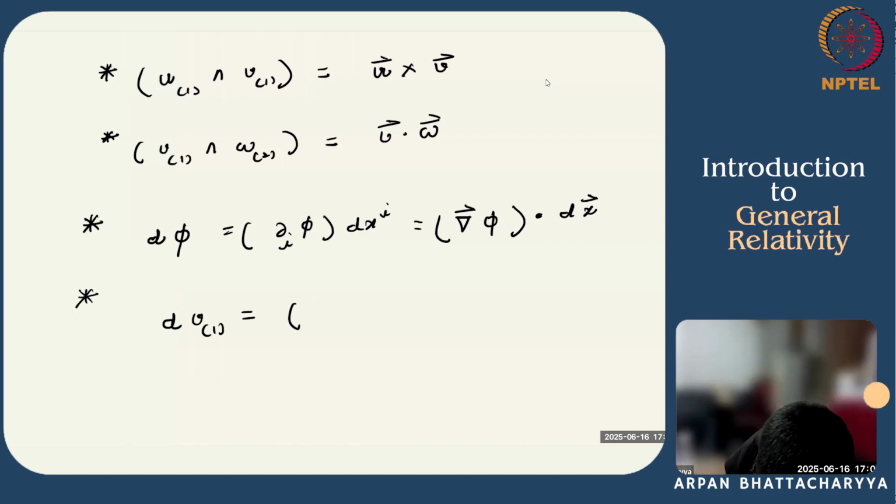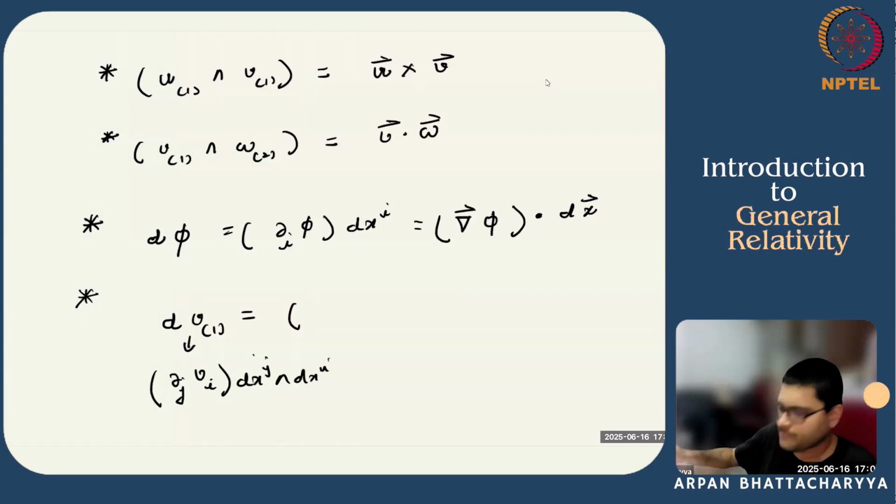So in component form, you write Vi dxi, and then you take d, this is del j, and the wedge product basis. So now write it component by component, and you will see that you get the form.